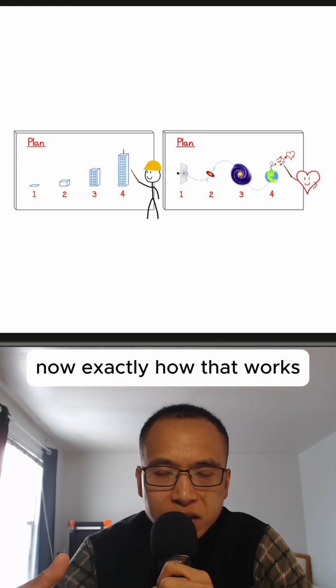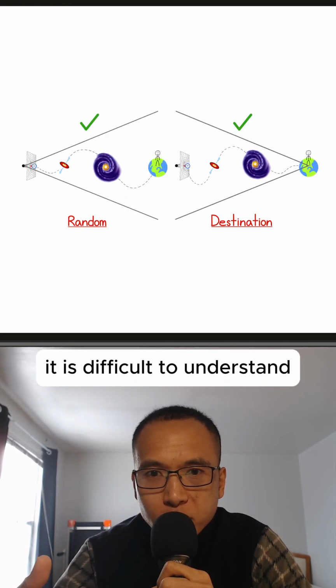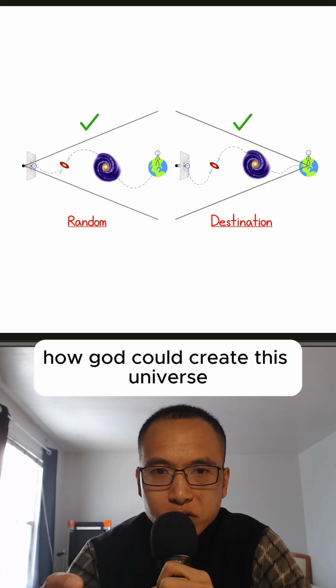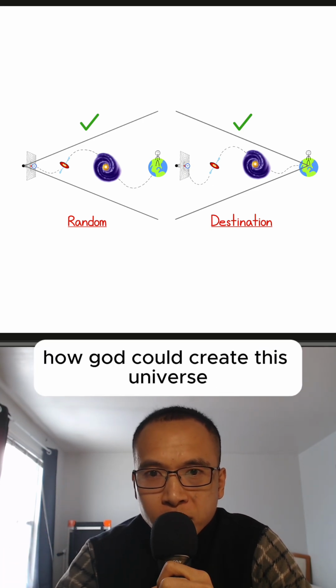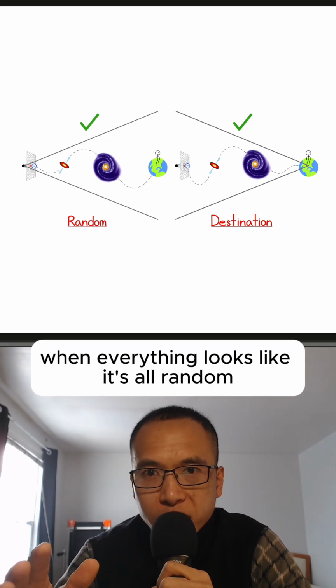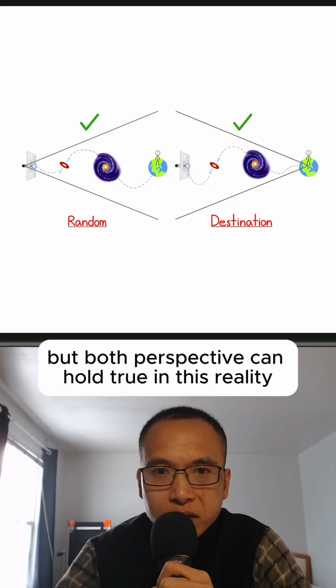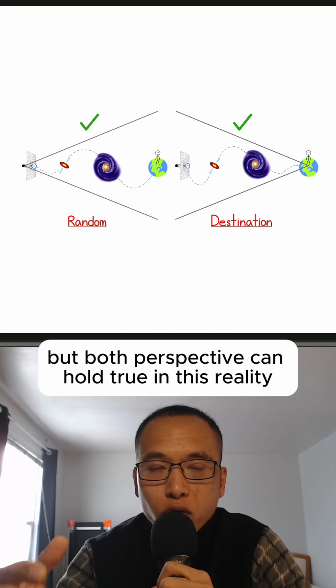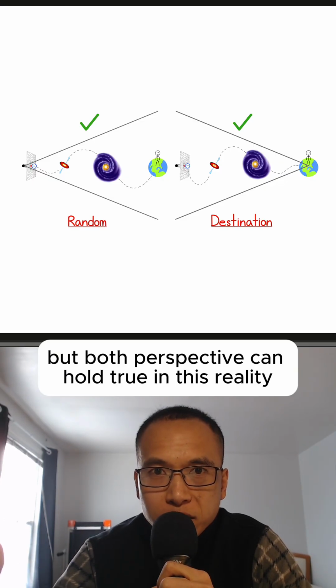Now, exactly how that works, it is difficult to understand how God could create this universe according to her plan when everything looks like it's all random. But both perspectives can hold true in this reality.